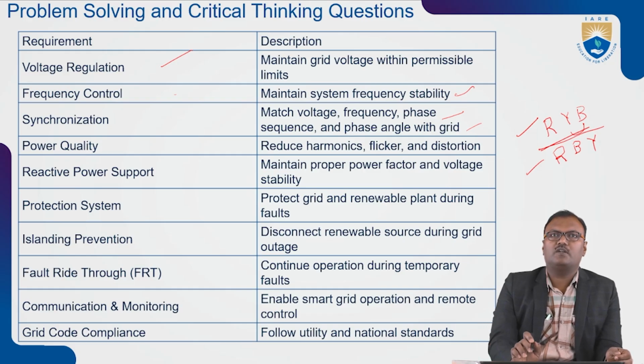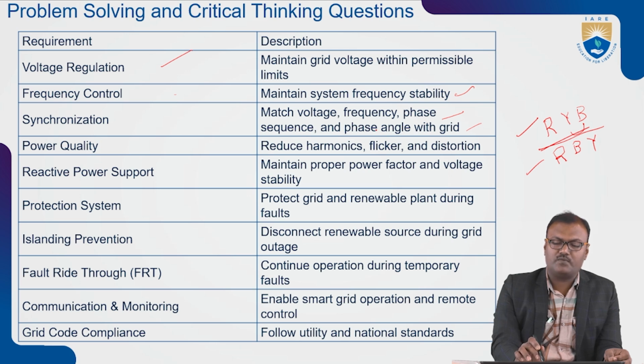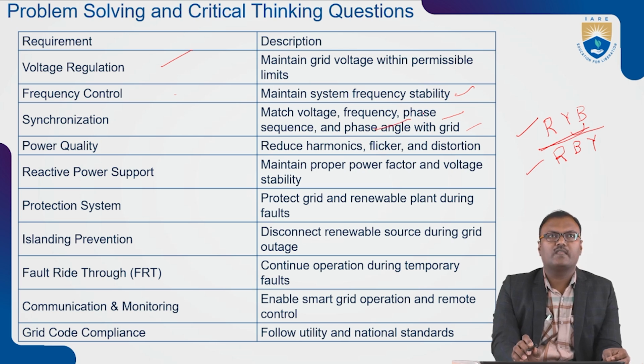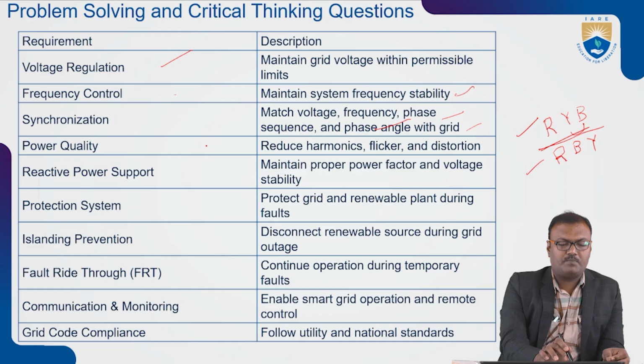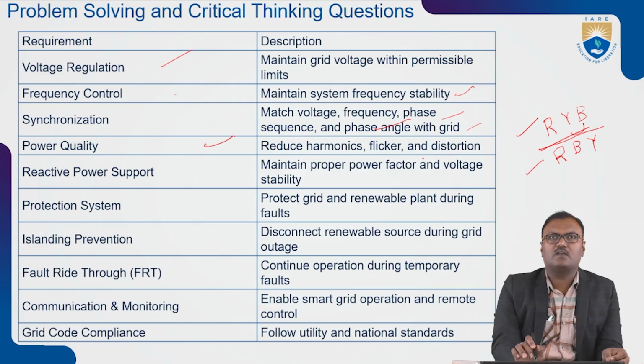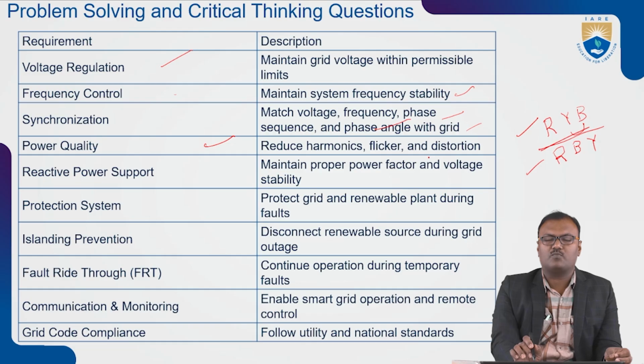So we need to take care of this synchronization, that is phase sequence, while connecting the power production to the grid. Then the next one is phase angle with the grid, and next is power quality. Power quality is ensured with the reduction in harmonics, flickering and distortion.